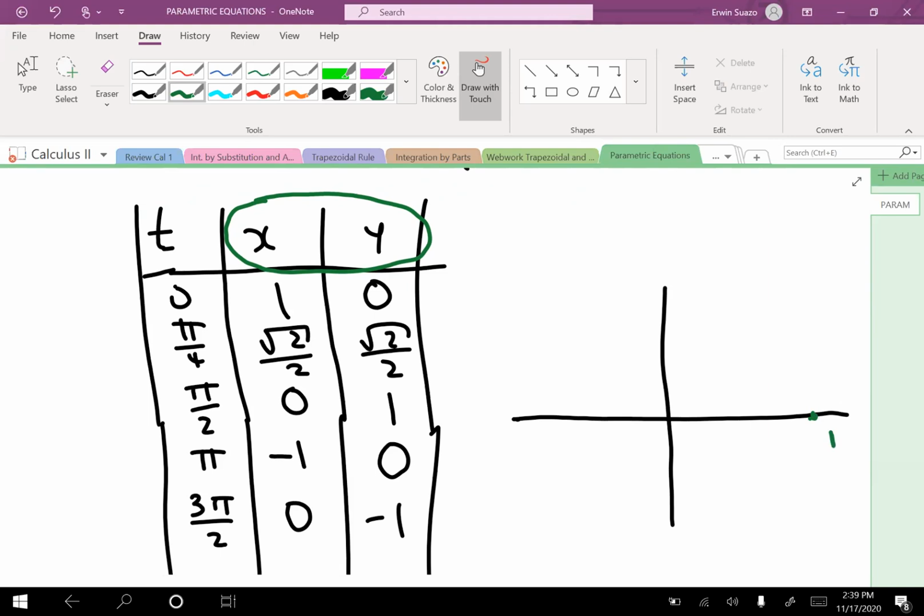The next one is x square root 2 divided by 2, y square root 2 divided by 2, so that's something probably over here. Let's see.